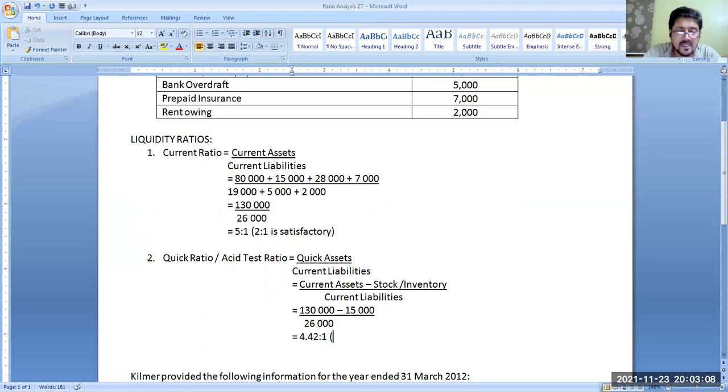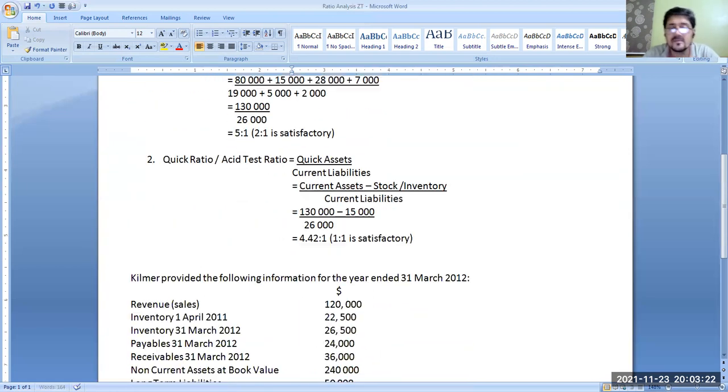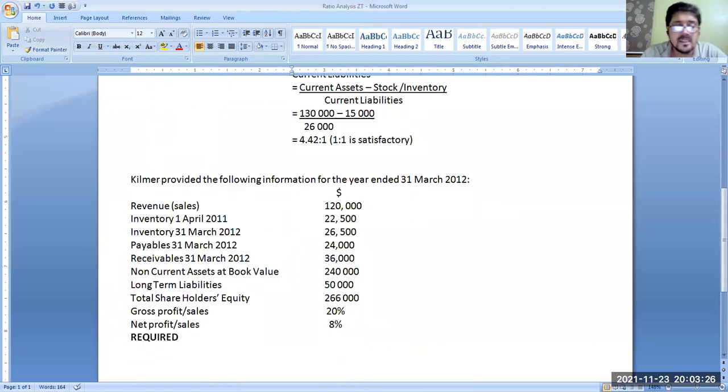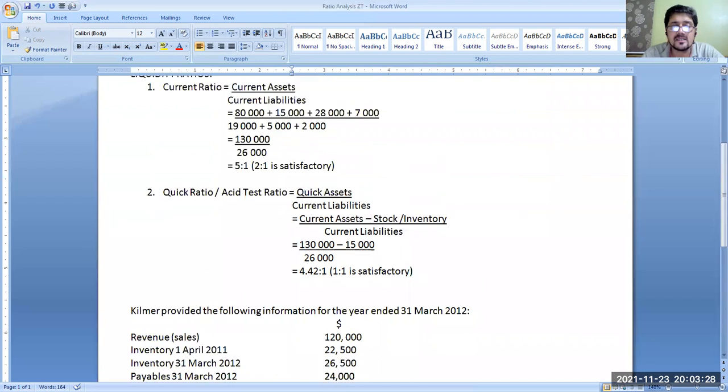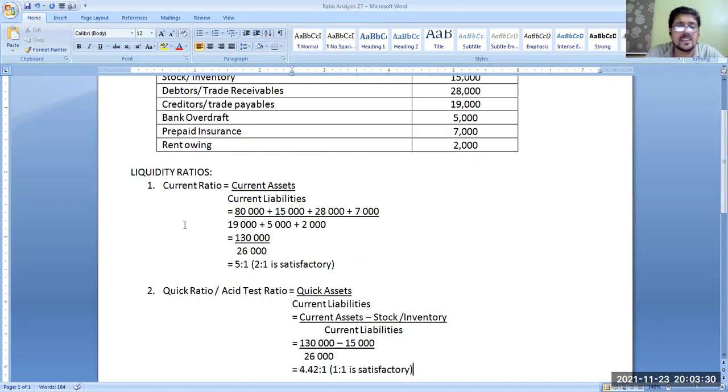Now, for quick ratio, the satisfactory level is 1:1. Are you getting my point clear? So these are the two liquidity ratios we have in our CIE.